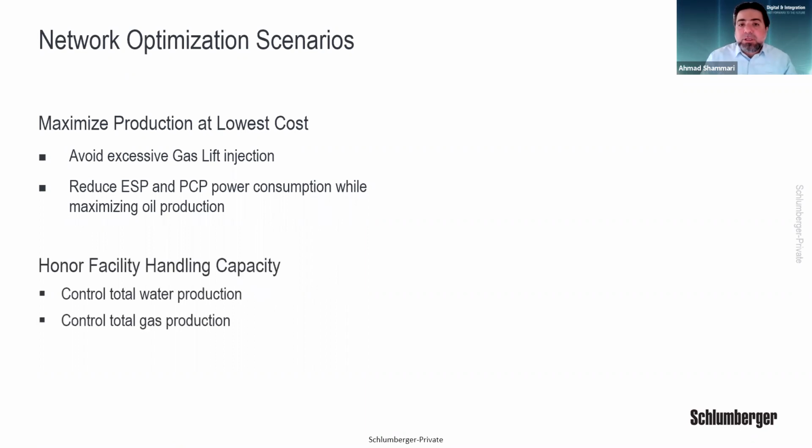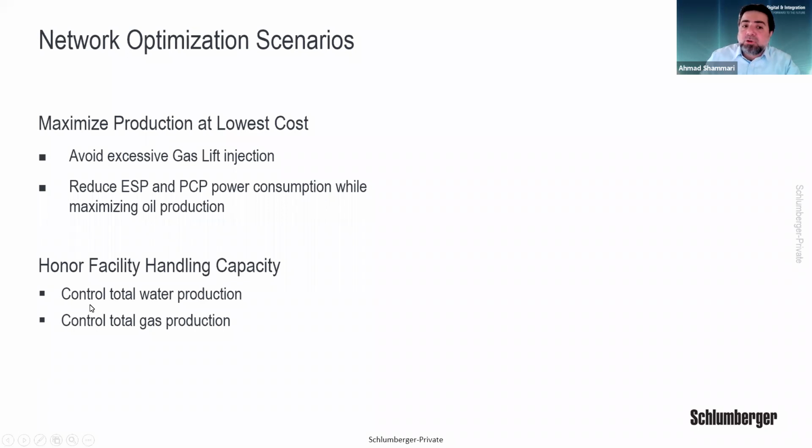Another operator would need to focus on the major problem, which is the limitation in the facilities they have. It's not really about cost, it's to honor the facilities handling capacity.